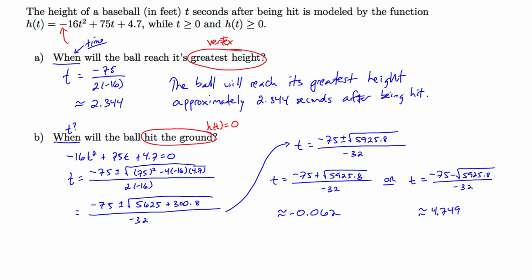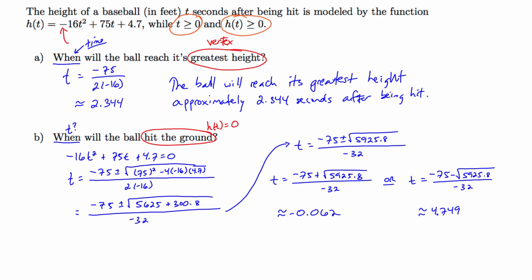Now, it's not surprising that we have two solutions for this particular equation. The majority of quadratic equations that we've seen have had two solutions, but we were told from the beginning this function is only an appropriate model when the t values are greater than or equal to 0 and the h values are greater than or equal to 0.